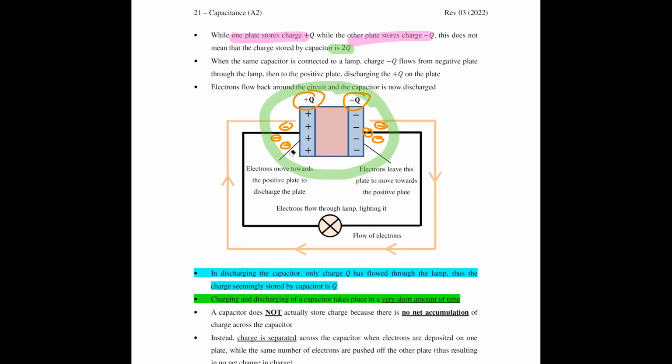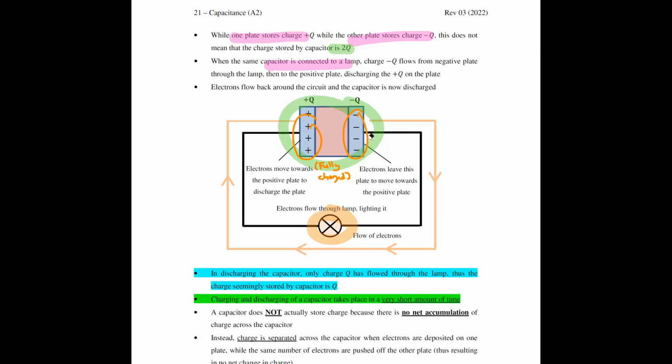Okay, the reason for that is if you were to connect your capacitor to a lamp, what you will notice here is this. This is your same capacitor from before, but this time is fully charged. So you now connect it to a lamp, which is the component below here. So since your capacitor is fully charged, there's already some charge here and there's some charge here.